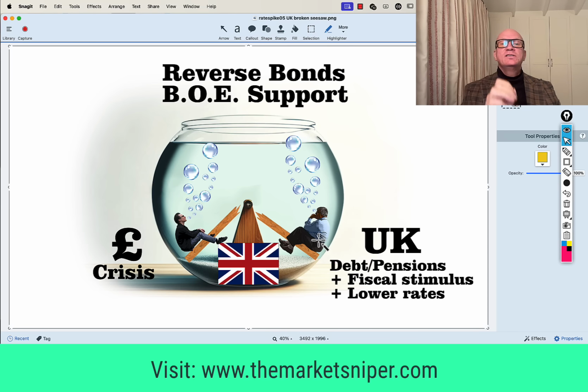Remember, however, it's not in the interest of all the other fish bowls that one major nation's seesaw snaps before they're all ready to snap, because that causes contagion. Think of Lehman Brothers, then Goldman Sachs, Merrill Lynch, and all the others that got put under pressure once that bank was having liquidity issues.